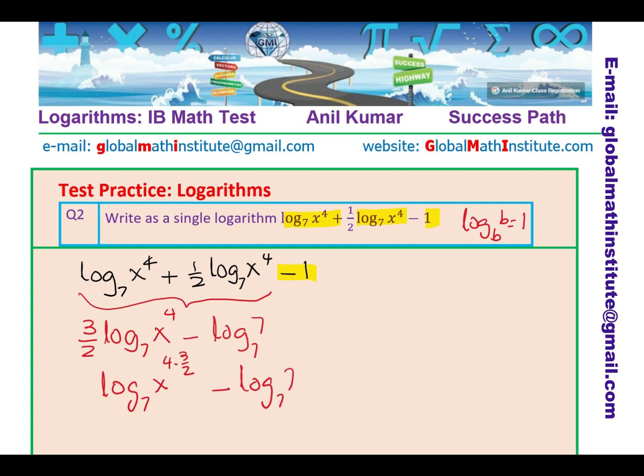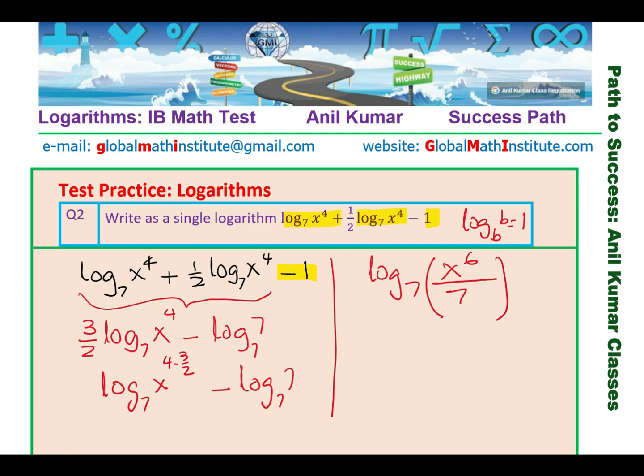Okay, 7, 7. And this is log to the base 7. So minus means divide by. And we have x to the power of 12 divided by 2 is 6, right? And then over 7 itself. Clear? So that could be a way of writing it as a single logarithm. Is that clear to you? Perfect. I hope it provides you with some simple techniques and strategies.